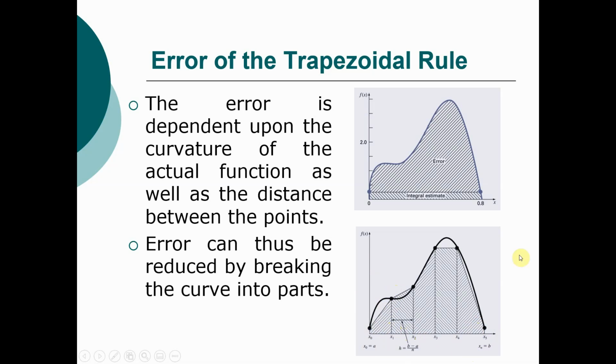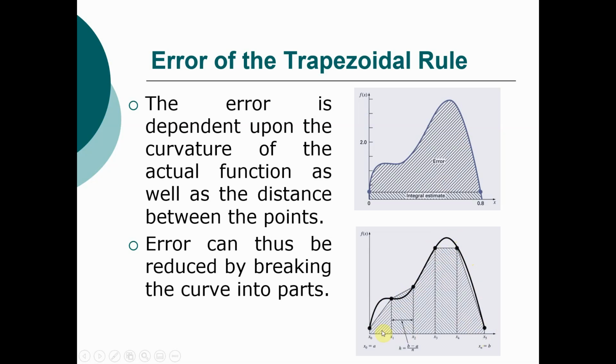This is called the composite trapezoid rule, and it definitely reduces the amount of error. In this case, we have this much error for this sub-interval. Here we are over approximating this much. This one is almost okay. Here we are not considering this area, and this area, and so on.